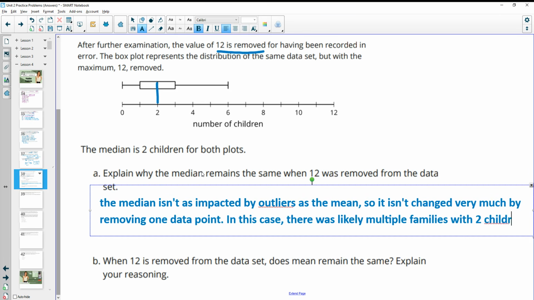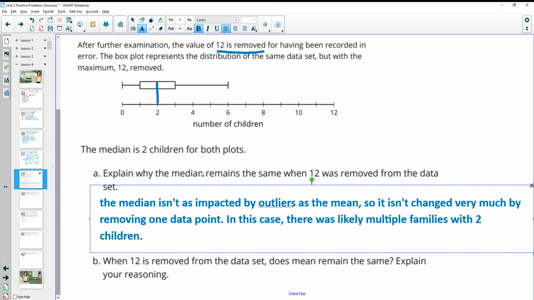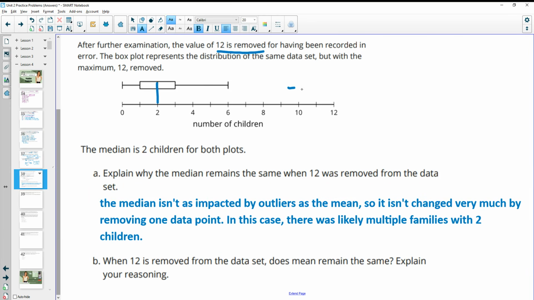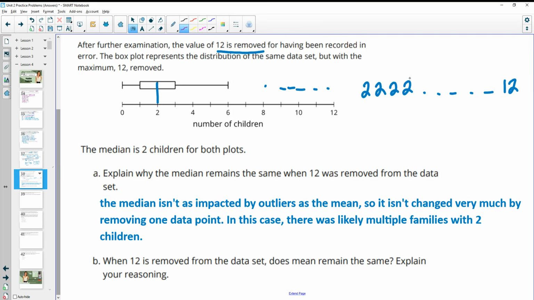So if we think about this, it represents 30 data points. So if we think about a bunch of data points here and here, and then we had 12, and here in the middle, we had multiple 2s. So if originally, out of the 30 data points, your median was here, because those would be your middle 2 numbers, your 15th and 16th data point, so the middle was right here.